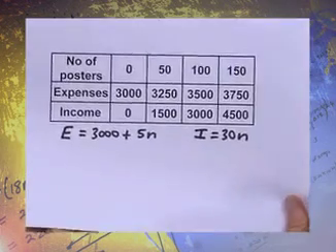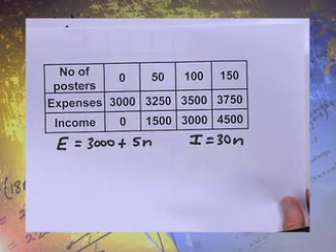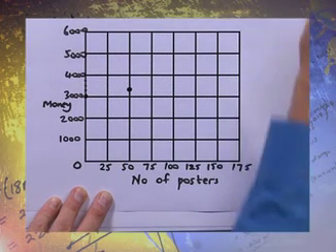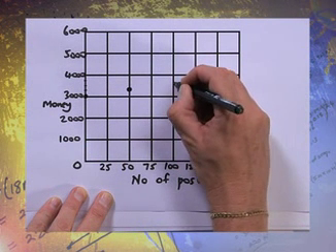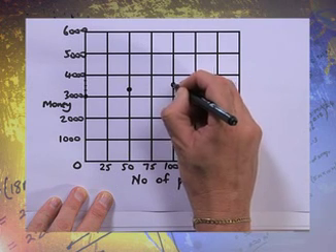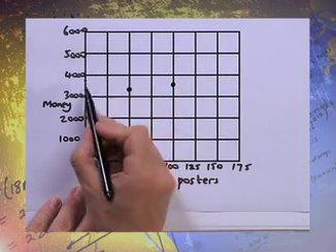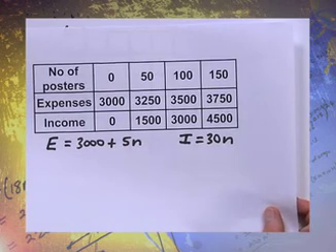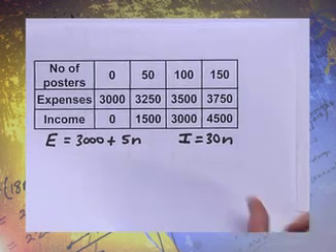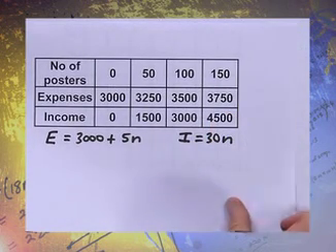Next one is 100 posters, gives you expenses of 3,500. So 100 would be 3,500, which is going to be over there, which is about halfway up. Okay, and then what have we got? If we look at 150, we go 3,750, which is almost 3/4 of the way up.